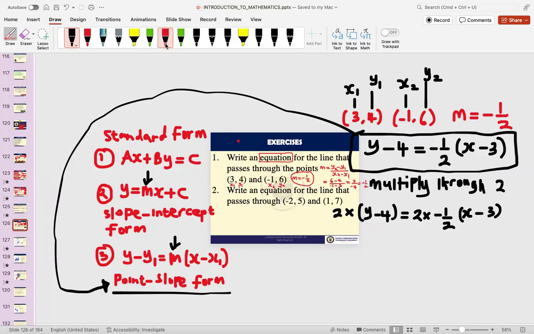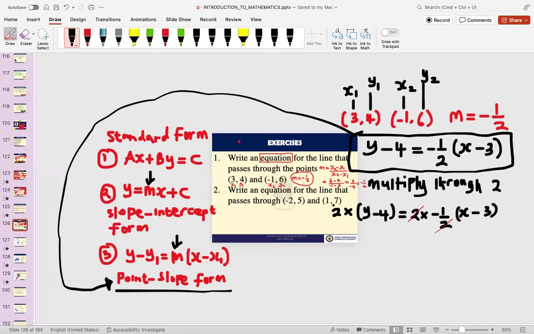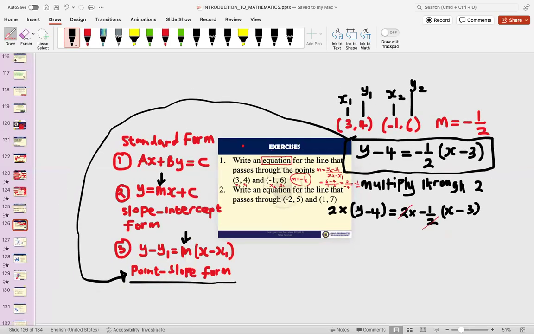So then we do our cancellation. This 2 will cancel this 2. And then we can proceed. So we have 2 multiplied by y, we have 2y. 2 multiplied by negative 4, we have negative 8 is equal to x minus 3. So we have x. There's a negative sign here. So negative 1 times x, we have negative x.